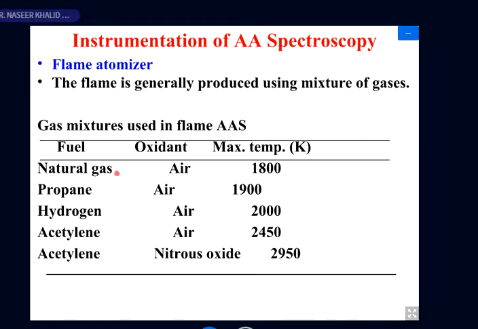If we carefully see, natural gas has a temperature of 1800, propane air 1900, hydrogen air 2000 centigrade, acetylene air about 2300 to 2450, and acetylene nitrous oxide about 2550. These are the average temperatures of these flames. These can vary. We can change them by combining different oxidant and fuel pressure.